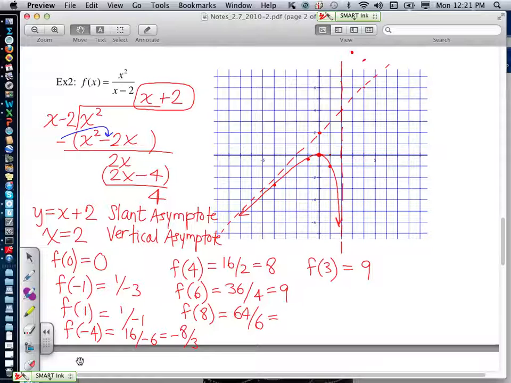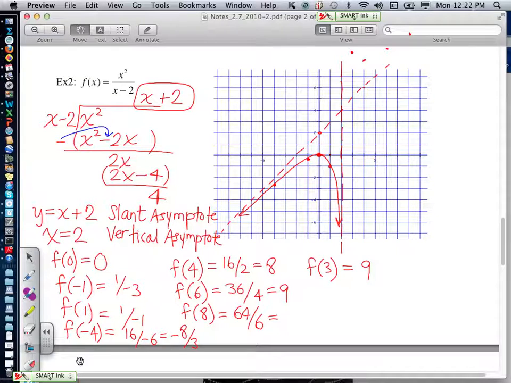And then f of 6 is also 9. And then f of 8 is somewhere up around 10. Let's see, where am I? 2, 4, 6, 8. f of 8 is up here somewhere. In fact, I think I put my 6 in the wrong place. Yeah, I didn't go over 2 units. So I want 2, 4, 6. I should do that right here.